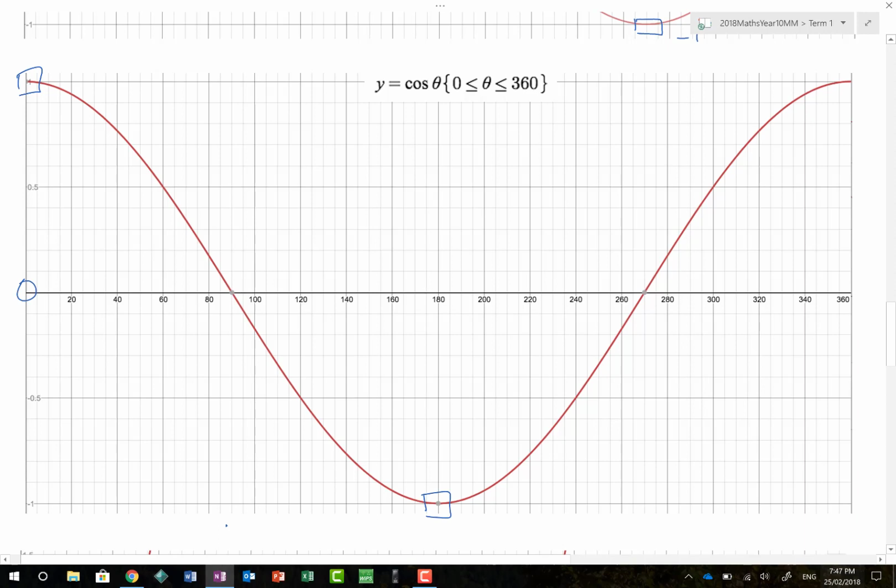Only showing you a snapshot between 0 and 360 because it extends off to infinity and beyond. Here, interestingly, it looks exactly the same on one side of 180 as the other.